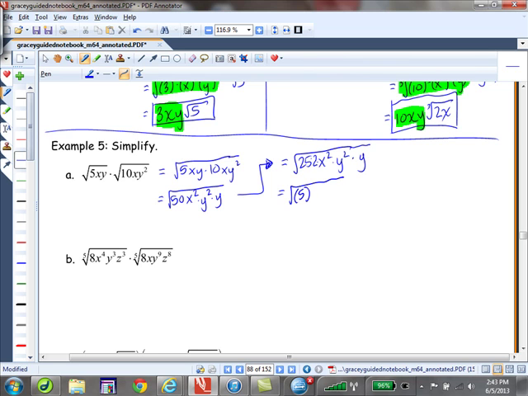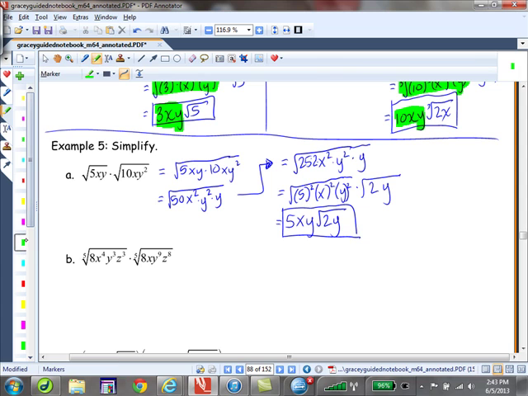Now, 25 is 5 squared, and we have x squared, and we have a y squared. And the second square root that we multiply will be the things that are not perfect squares and can't be, so 2 times y. So then from this first one, we'll get 5 times x times y times the square root of 2y, and we're done.